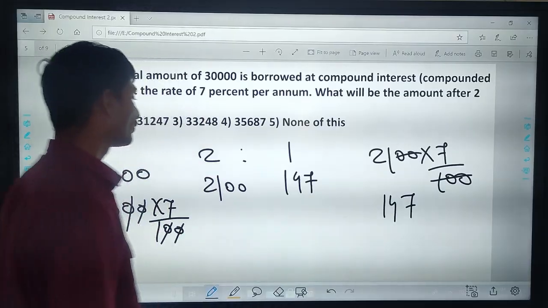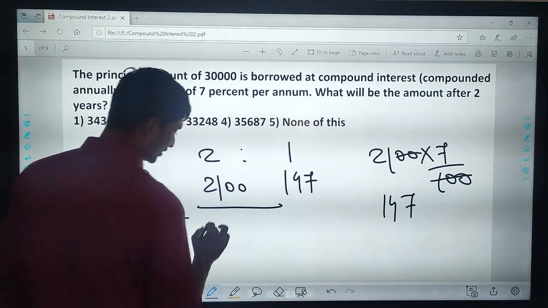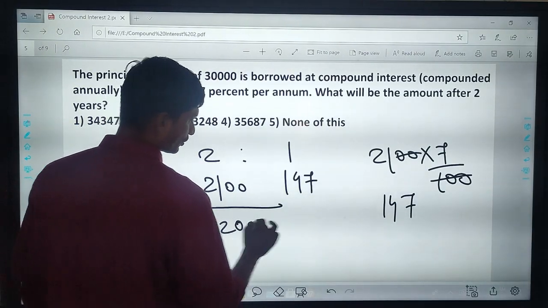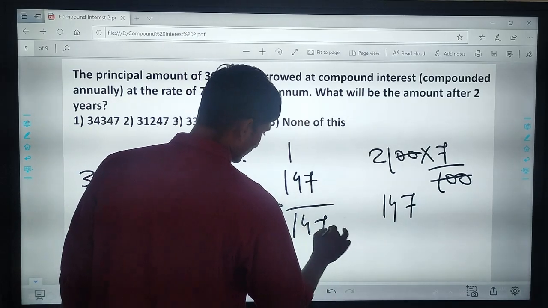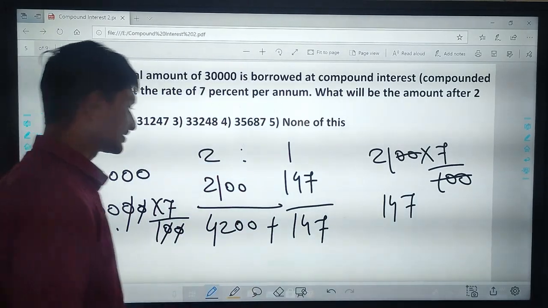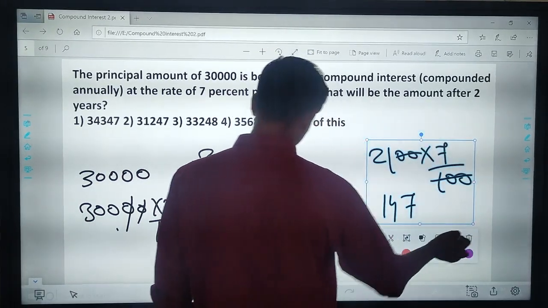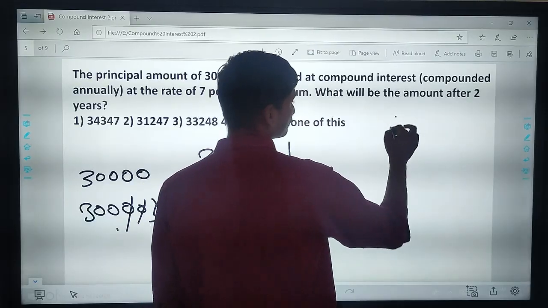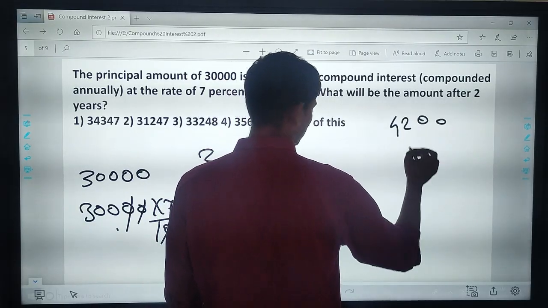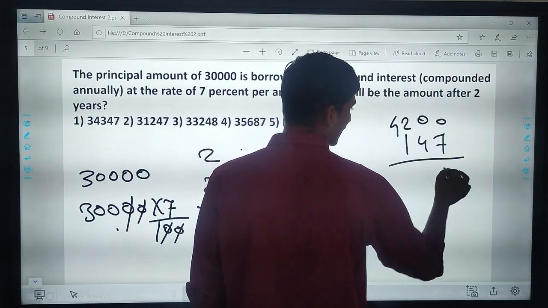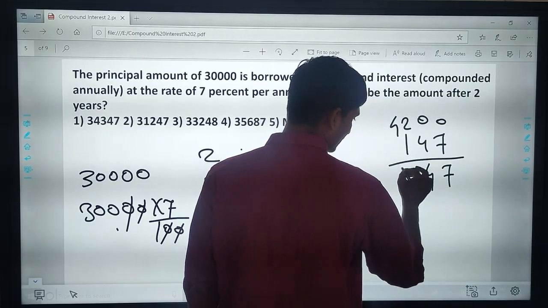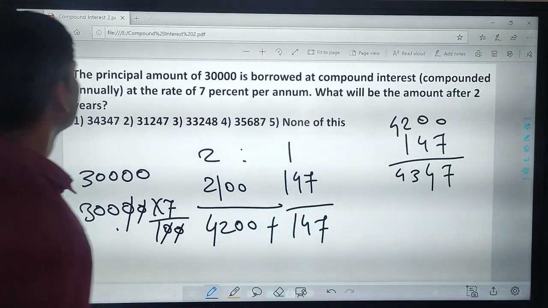Now here your total interest is 4200 and 147. We add these two and get the total interest. Now your total interest is 4200 plus 147, which is 4347.